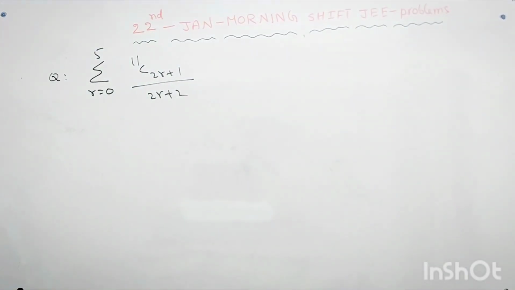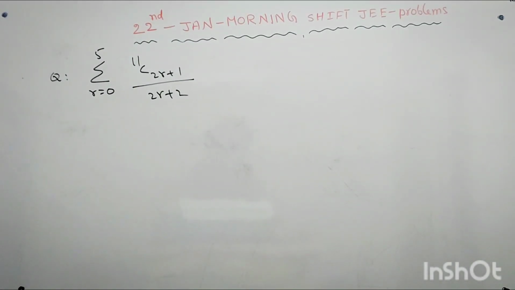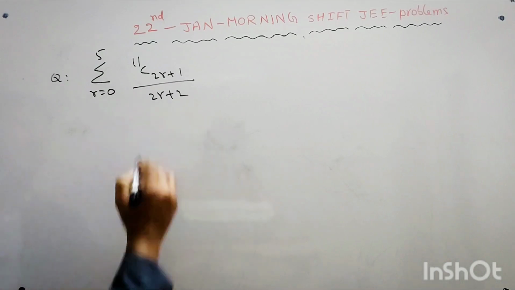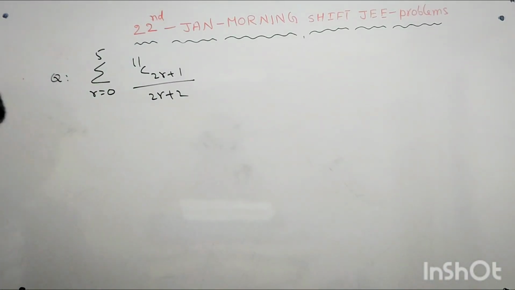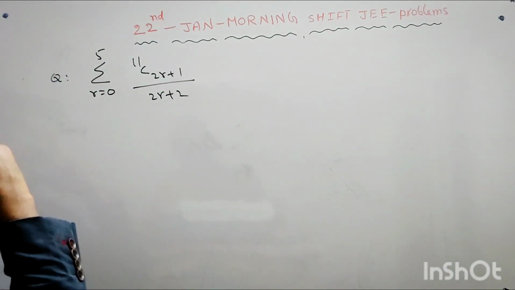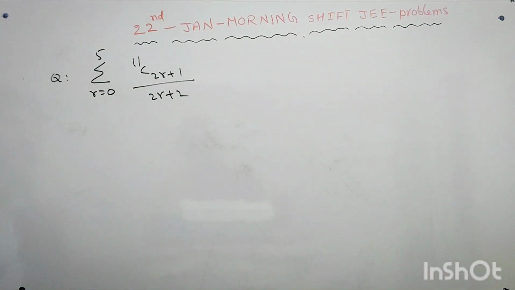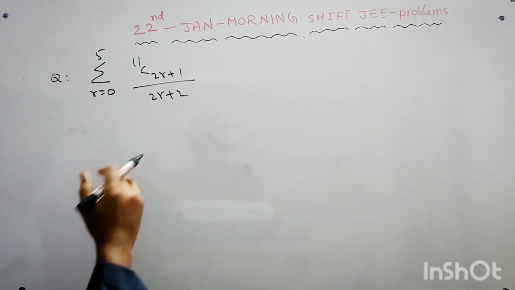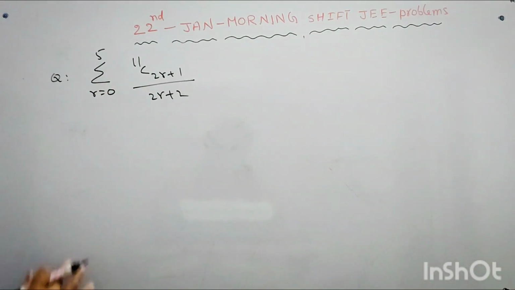Yes, students, one more question you are seeing on the board. This is a question from permutations and combinations, or the binomial theorem can also be applied, but we use the nCr formula.